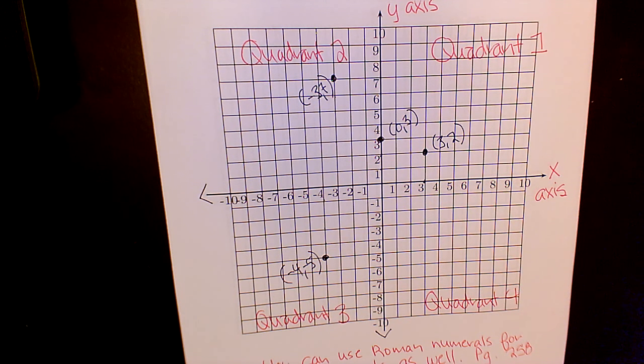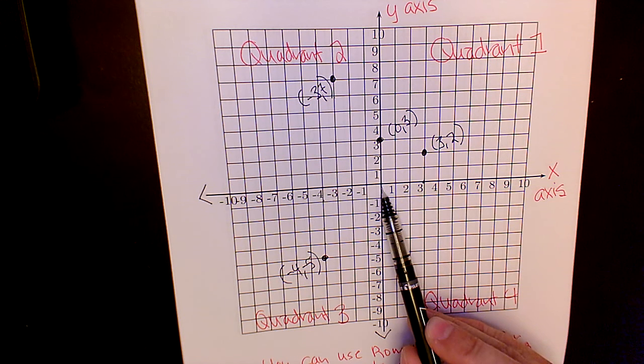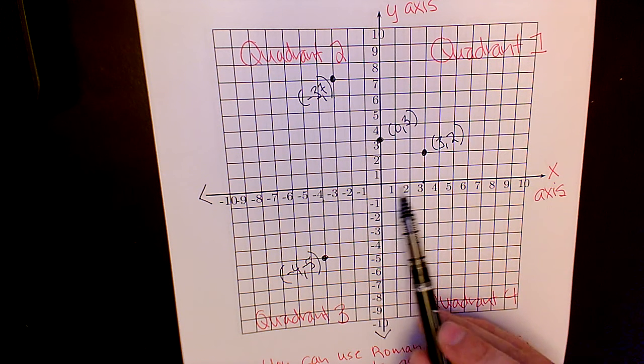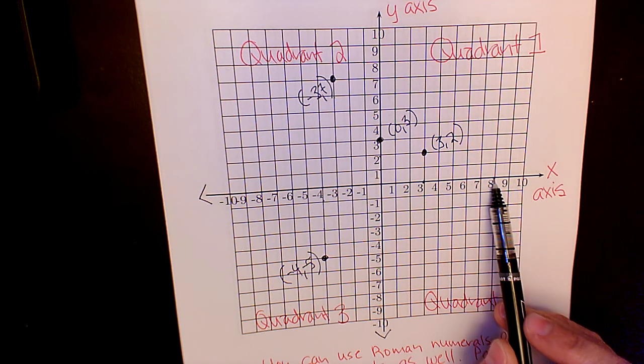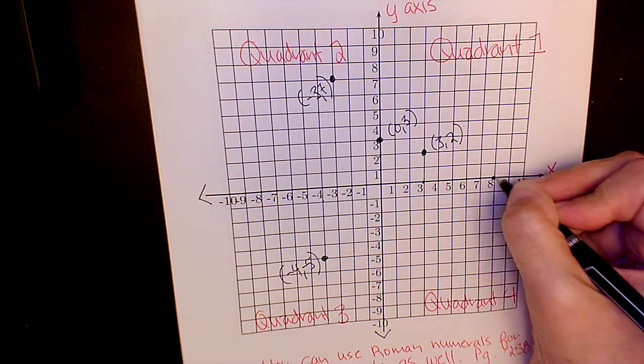Okay, and the next one is (8, 0). So I'm starting at home base. Point is (8, 0). I'm going over to 8, but my y coordinate is 0, so I'm stopping. I'm not going anywhere.